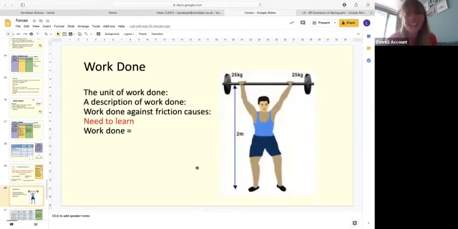The work done is energy. Okay, so the unit of work done is joules, and work done is moving a force through a distance. So work done is force times distance. Oh, look, here's a mass. Right, what have I got to do? Yes, mass times gravitational field strength equals weight.